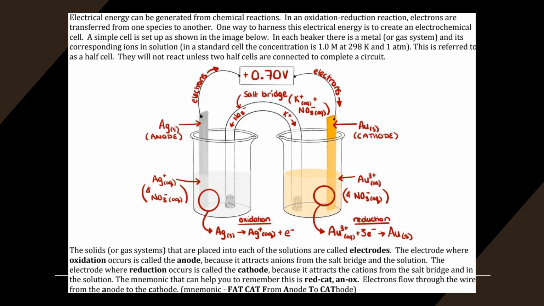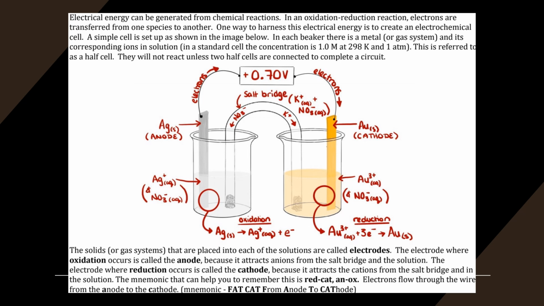On the other one, you have solid gold in a solution of gold nitrate. So both of them undergo different reactions. They're either going to gain or lose electrons to oxidize or reduce, and that's something you're going to be able to piece together.